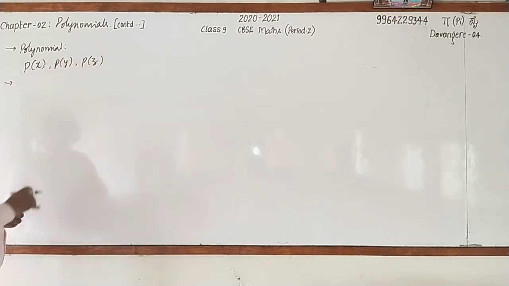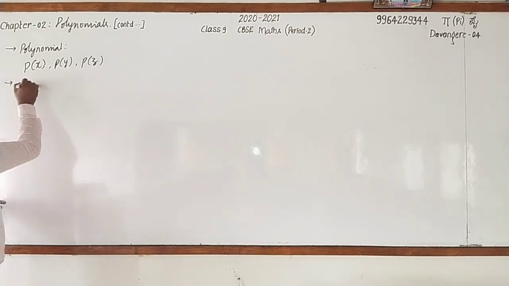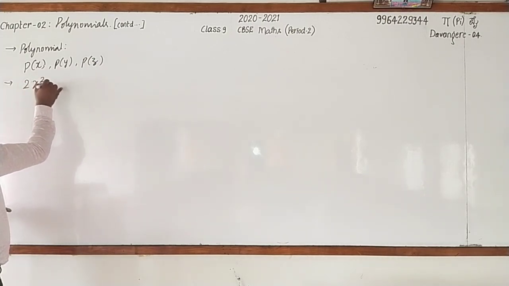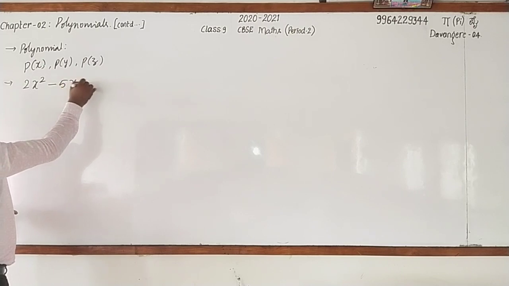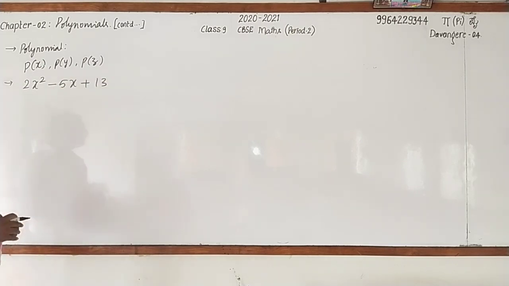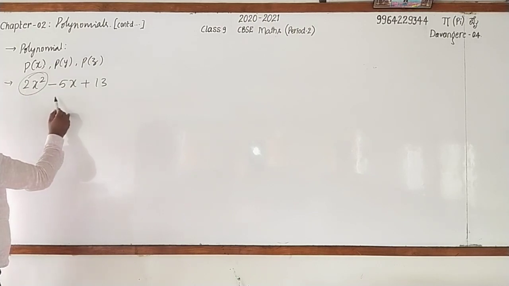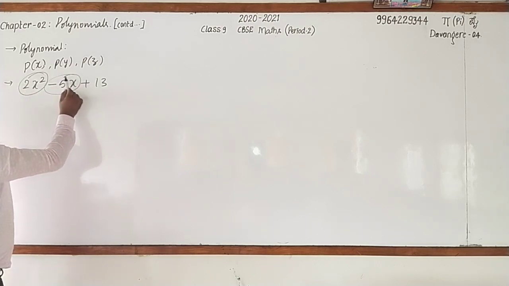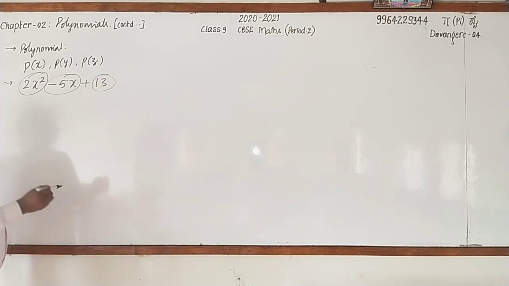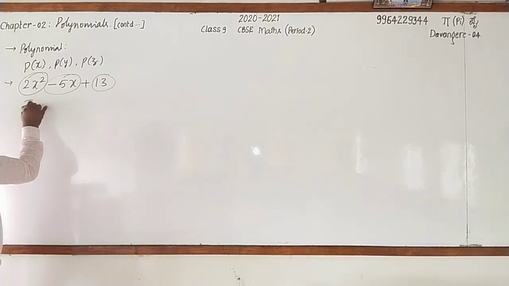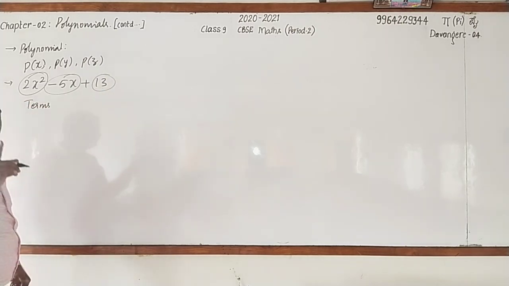Let's take just one example of a polynomial. It is 2x square minus 5x plus 13. This is a polynomial. Then here, what do you call 2x square, 5x and 13? These are called terms of the polynomial, right?